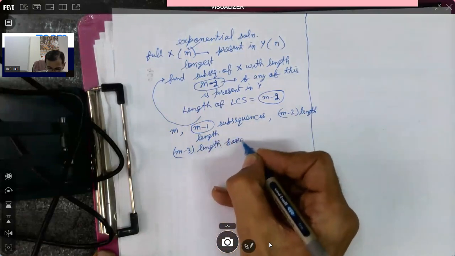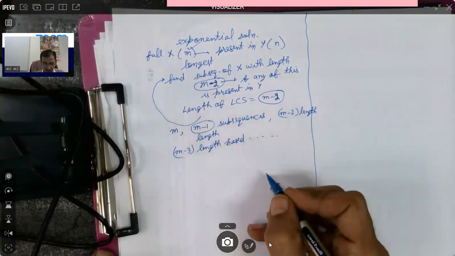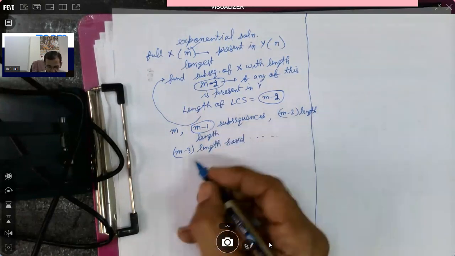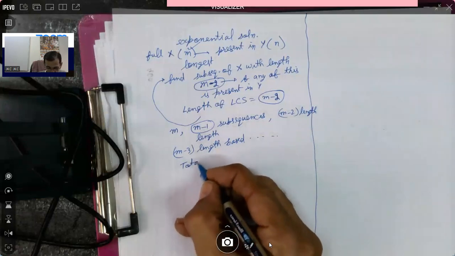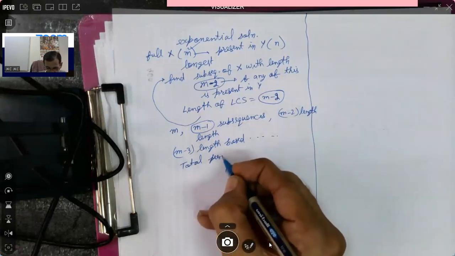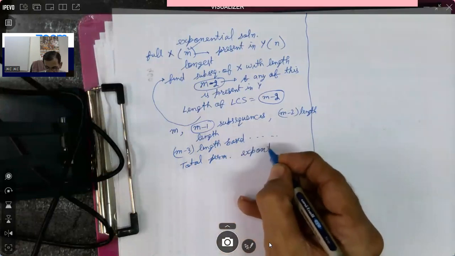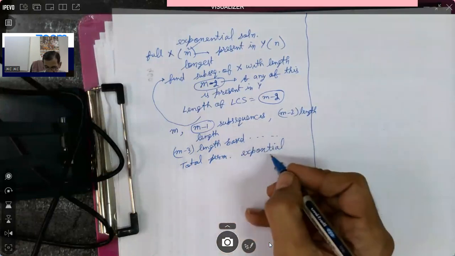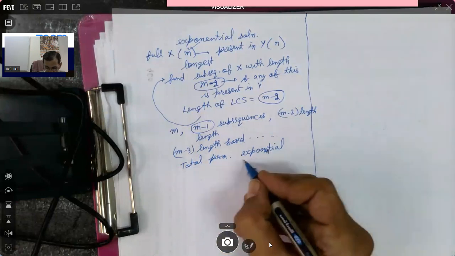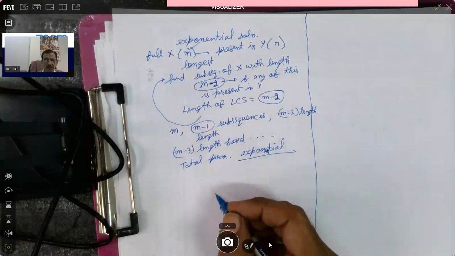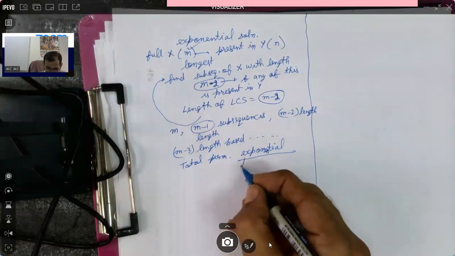So you can easily see a lot of permutations are needed. I know there can be many M minus 1 sequences, so the total permutations will be very high. And this becomes, obviously, an exponentially growing problem. And this is obviously going to be a DP candidate, which is initially exponential.